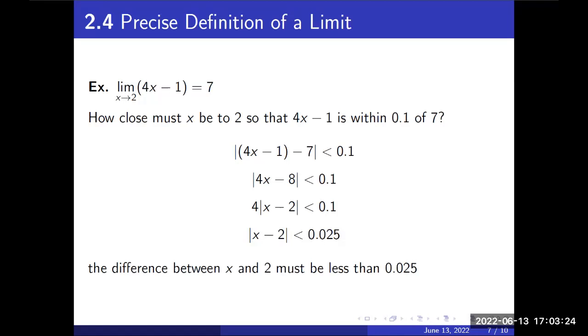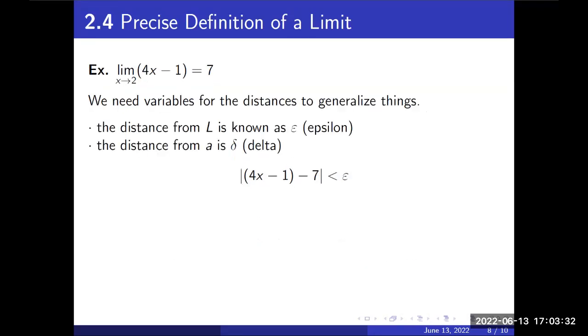Okay, where is this going? How is this going to be more precise? Okay, we're still looking at the limit as x approaches 2 of 4x minus 1 equals 7. But now let's generalize things. We need variables for the distances.